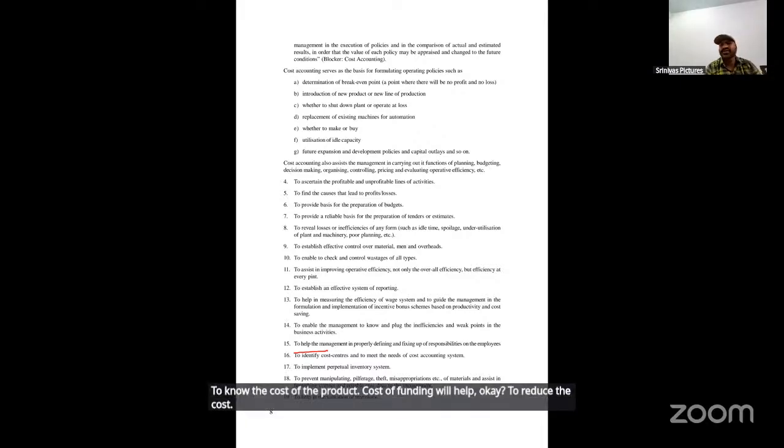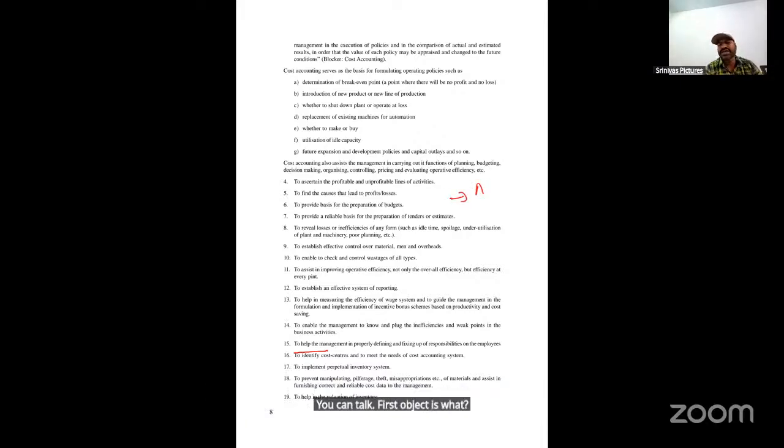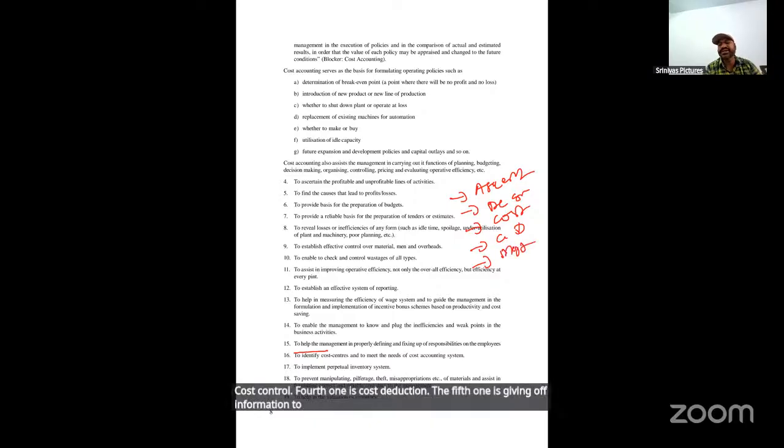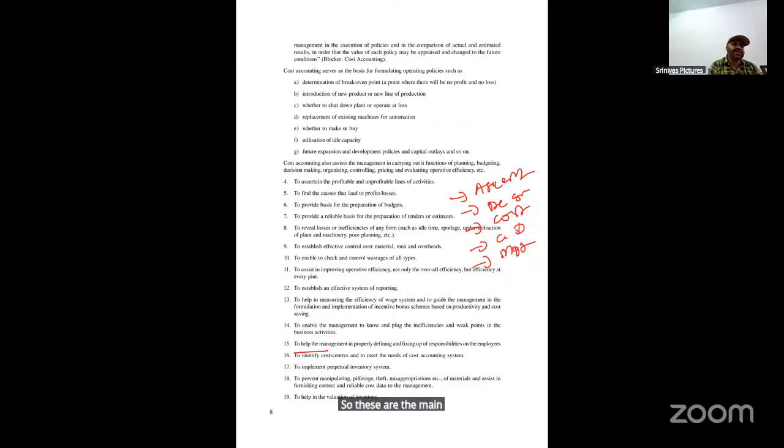First objective is ascertainment of cost. Second is deciding the selling price. Third is cost control. Fourth is cost reduction. Fifth is giving information to the management. These are the main objectives of cost accounting. Is it clear?